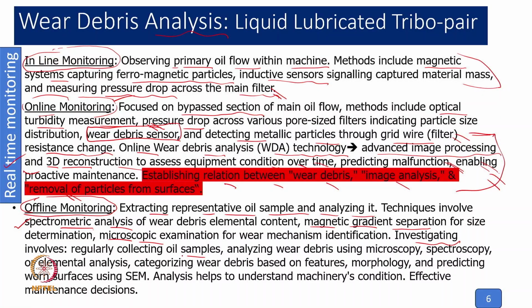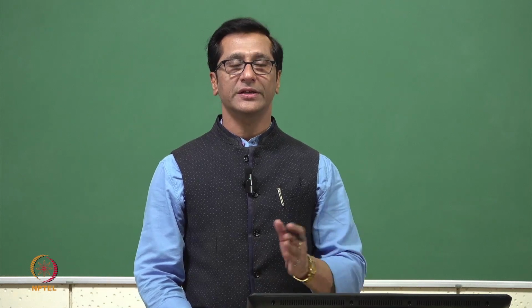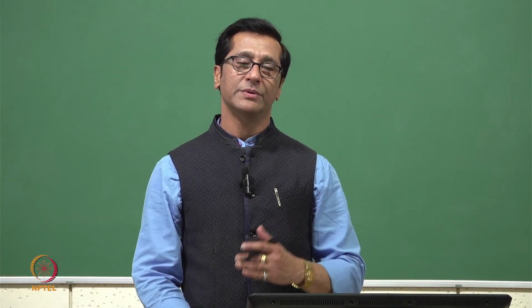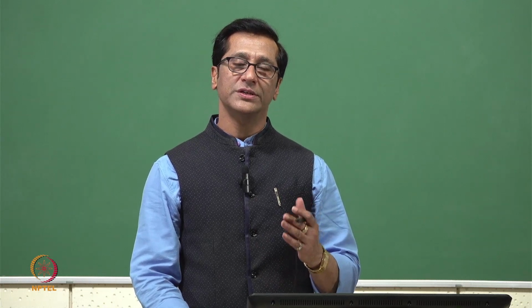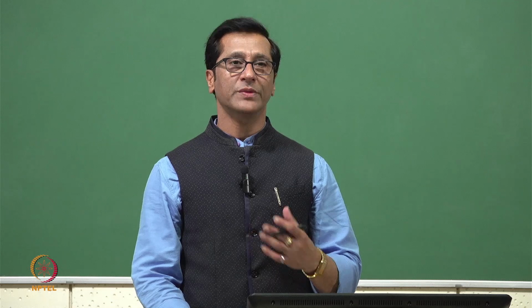Regularly, we collect the sample, analyze the debris, do spectroscopy and elemental analysis, and categorize the wear debris. As mentioned earlier, a wear debris sensor gives a categorization in particle bins, based on size. However, not only size, we can also bring morphology, or shape, into the picture, and that will turn out to be very useful.